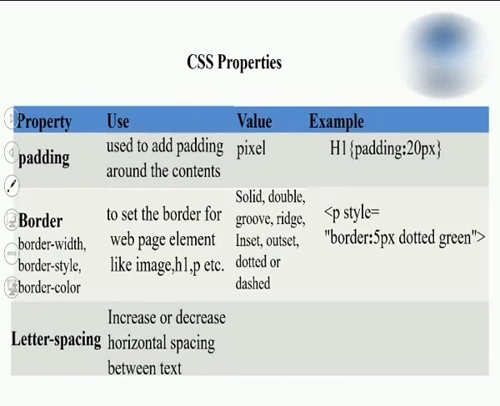Letter spacing will increase or decrease the horizontal spacing between the text. You can specify that in pixels, inches, millimeters, centimeters, or even points. That will increase the spacing between two letters. If you specify it here for this paragraph, between two letters there will be a 3-point distance.